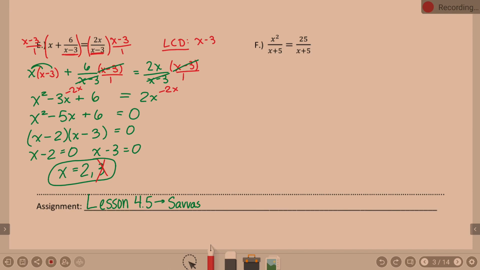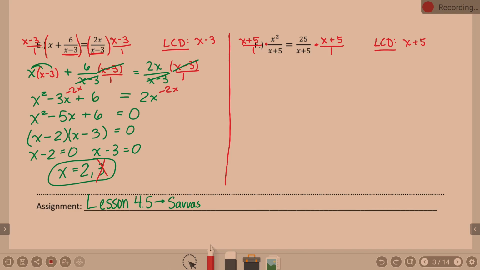Okay, real quick on F. Any factoring to do? No. Least common denominator that we're going to multiply by is going to be x plus 5 because it's the only denominator. Now, I don't think I'm going to rewrite this one out. We're multiplying both sides by x plus 5, yes?